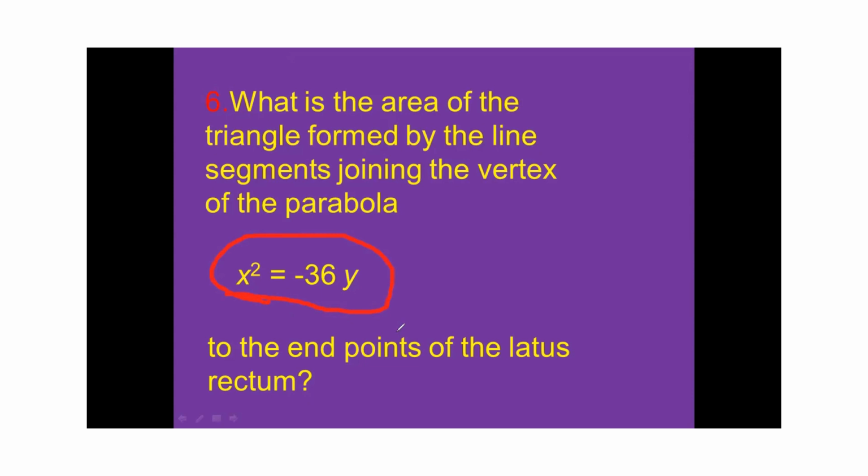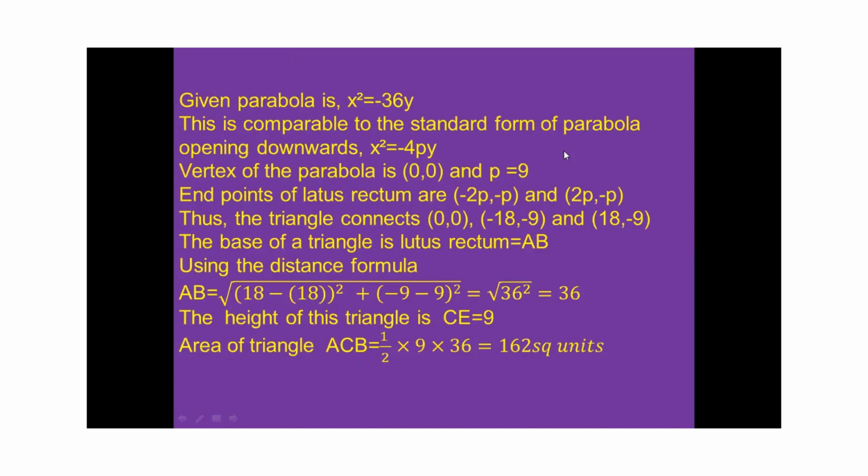The parabola is x squared equals minus 36y.